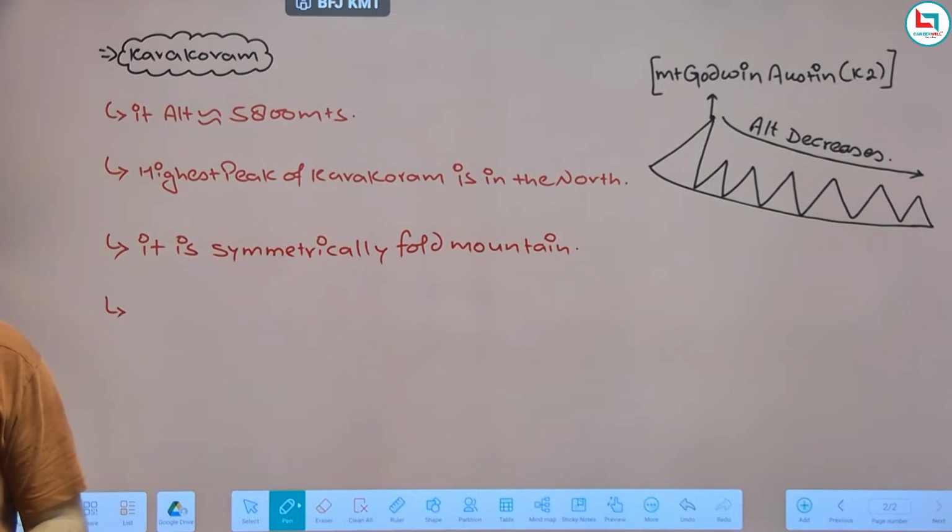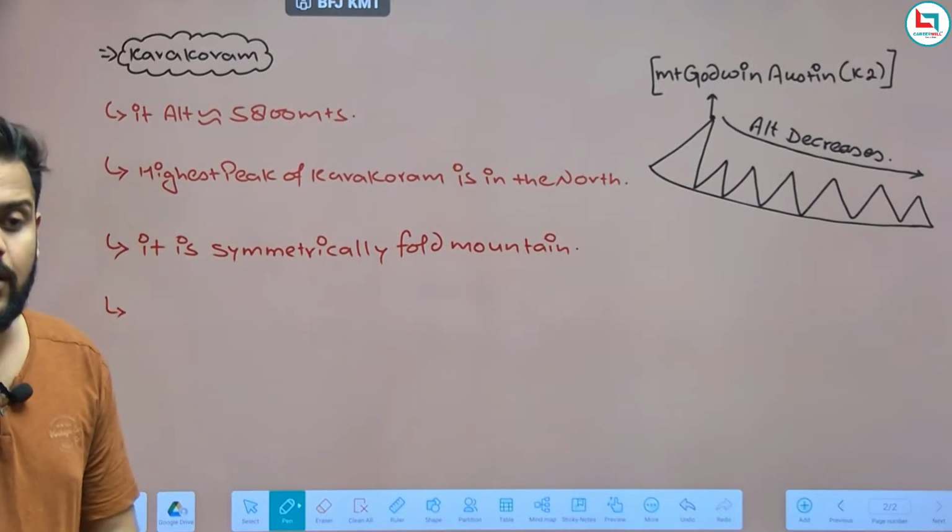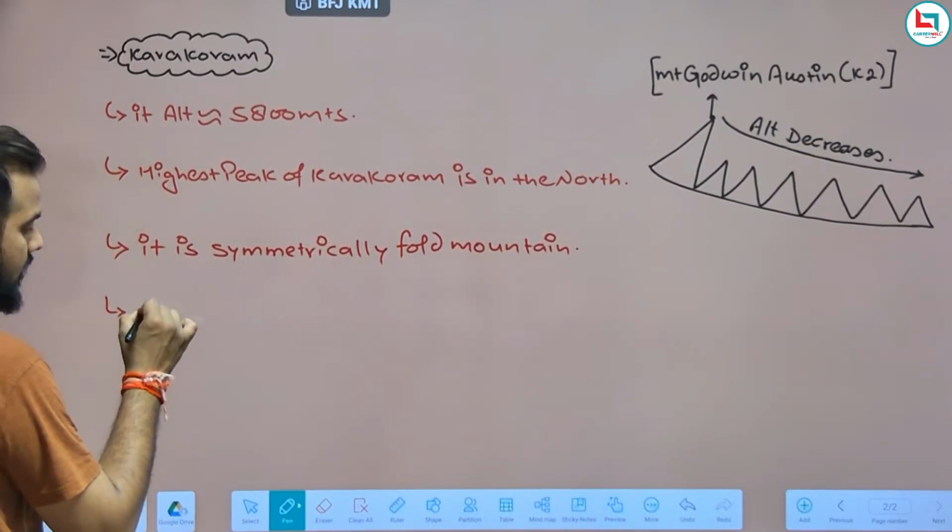After this particular thing, an important characteristic is the glaciers of Karakoram. So Karakoram contains some of the biggest glaciers of the world. Okay, remember this.